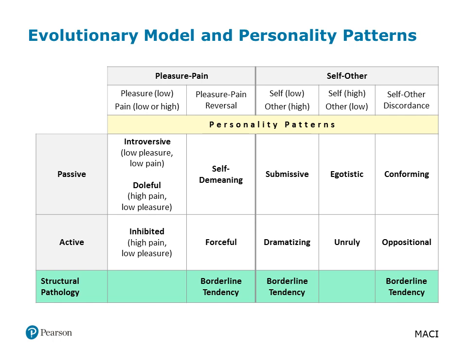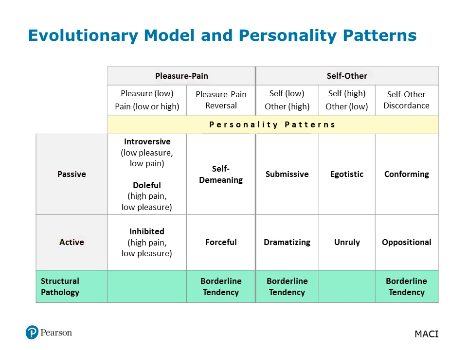So let me start by thinking a little bit about the pleasure-pain polarity. So here I have the pleasure-pain polarity. I have the self-other polarity, and then down here I have passive and active.